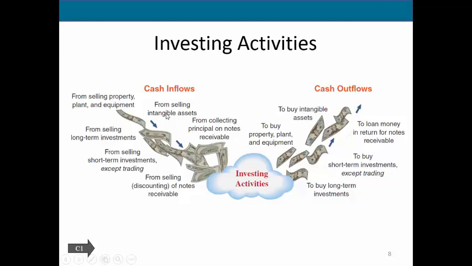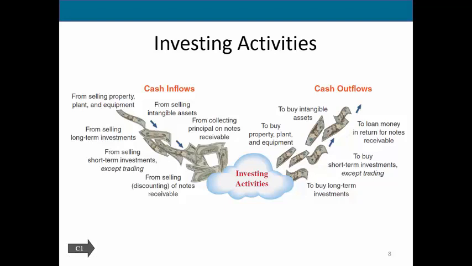If we sell intangible assets, that's part of an investment. And if we collect on the principal of a note receivable, that's also investing. Again, notice we're saying the principal of it. We're not collecting the interest here. The interest is part of our operations, but collecting on the principal is part of our investing activities.